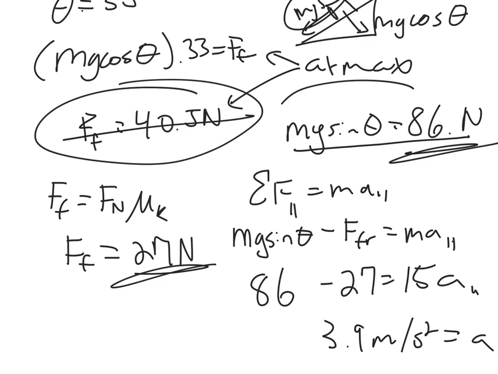If our force down the ramp, or the force that we're trying to move our object with, is less than that static friction, the box doesn't move and the force matches whatever force is trying to move the box. If it is a greater number, if the force that's trying to move the object is greater than the maximum force of static friction, then we transition into kinetic friction and work from there just like we had in previous problems.